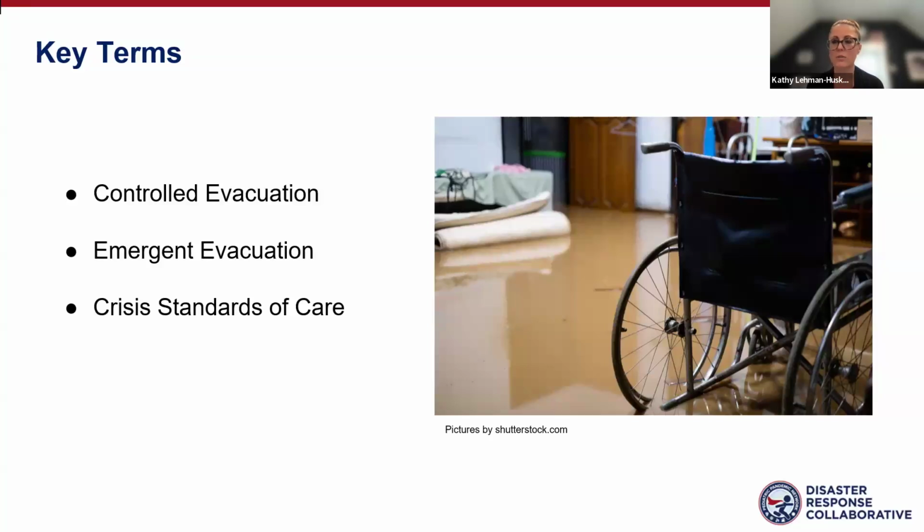When you have an active shooter in your unit, the number one priority, the crisis standard of care, becomes hide. So can you see how drastic and dynamic that is depending on the situation and how rapidly it can change? Again, a dramatic example, and unfortunately a dramatic event. But I think it sends the message home on that definition. Yeah, and that's my terms.